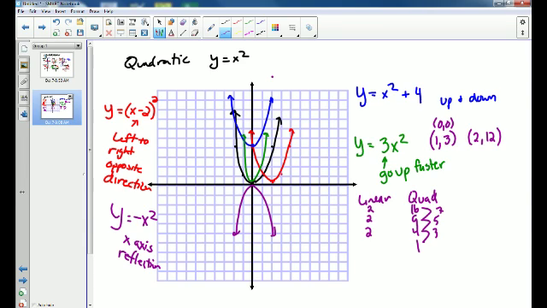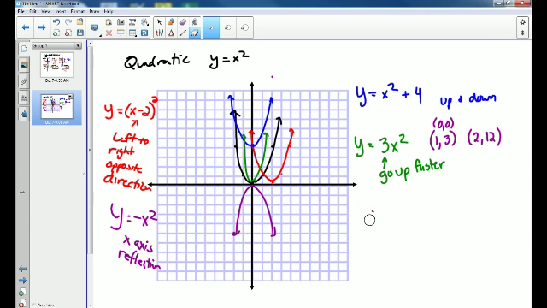So you just plug in the point to get the other point, and then you make your graph. Yes, that will work. Using a table to graph these still works. I'm just trying to give you some tools to kind of avoid that a little bit.